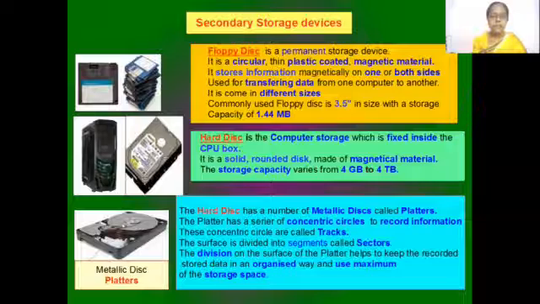This disk is called a platter, and these concentric circles that record all the information are called tracks. These tracks are divided into small divisions called sectors. This division on the surface of the platter helps you record and store data in an organized way, and you can use the maximum of the storage space.